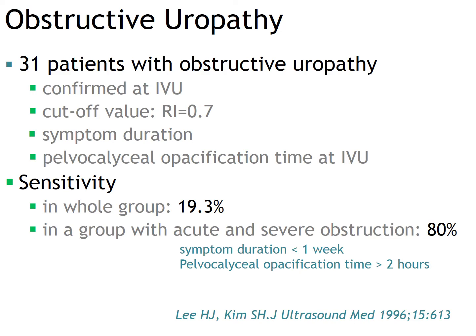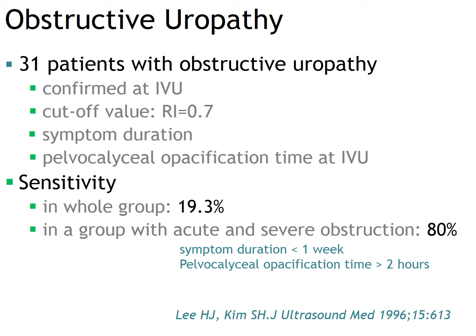This is our old study in 31 patients with obstructive uropathy, which was confirmed at intravenous urography. We compared spectral Doppler ultrasound findings with a cutoff value of 0.7 with symptom duration and first pelvocalyceal opacification time at intravenous urography.